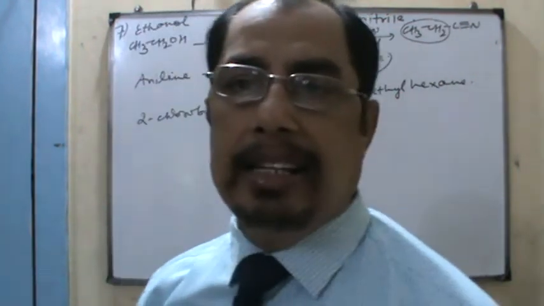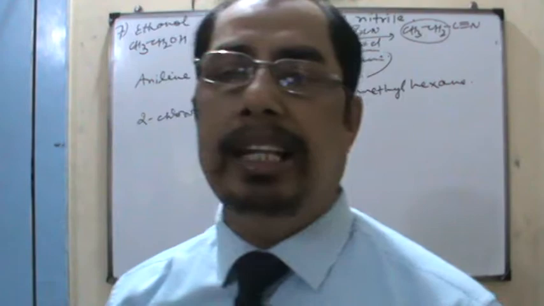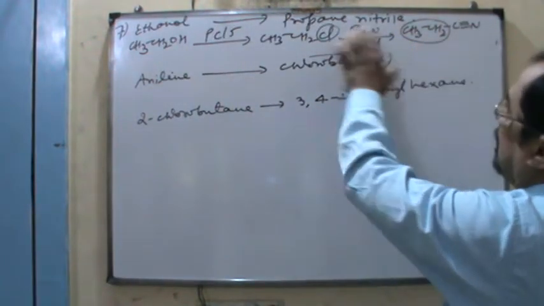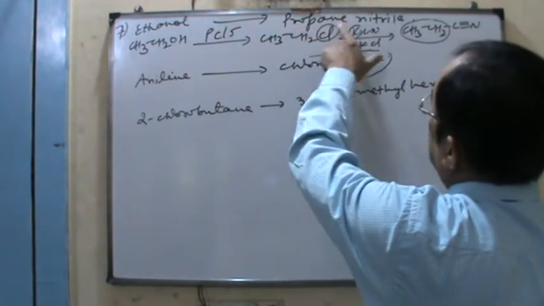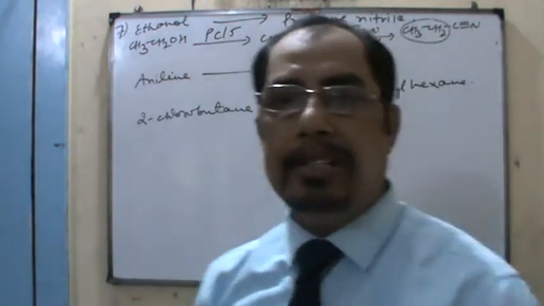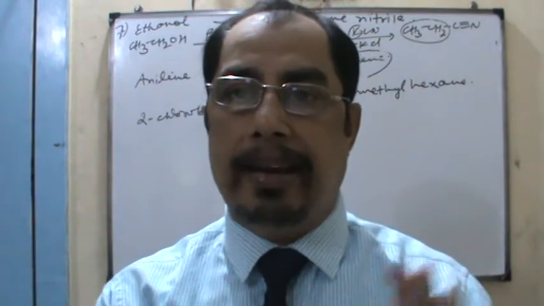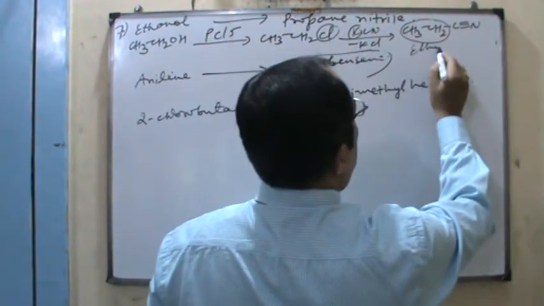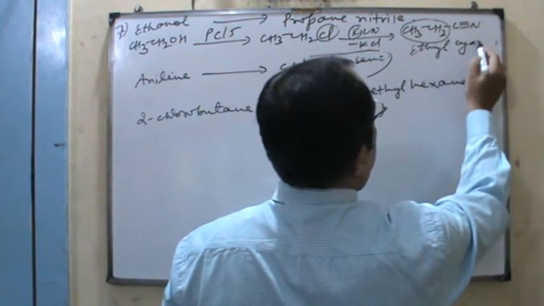But dear students, in the IUPAC nomenclature, it is 1, 2 and 3, therefore in the question it is propane nitrile, right? Otherwise it is ethyl cyanide, RCN. Is it clear to you? So you can write here ethyl cyanide.